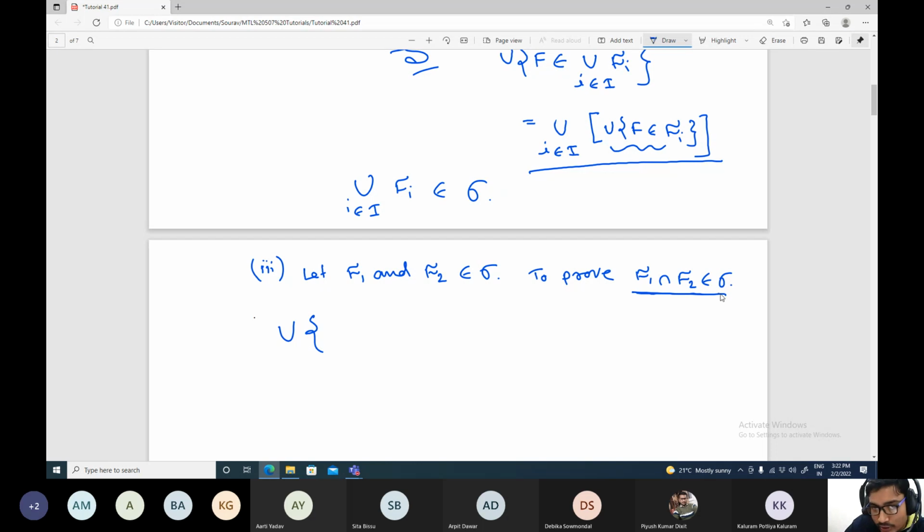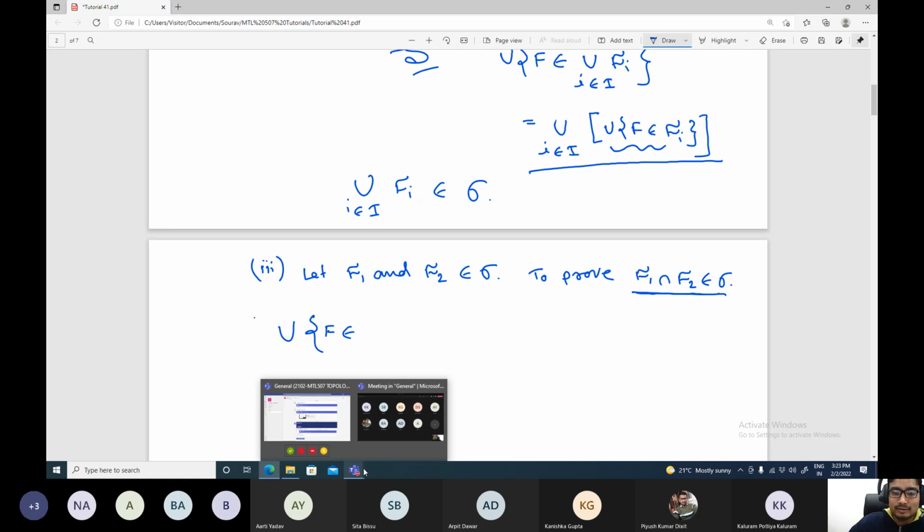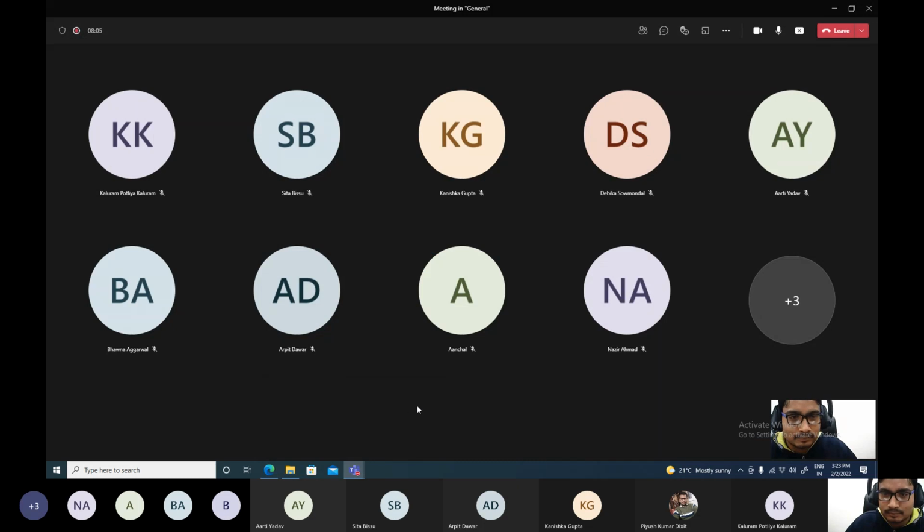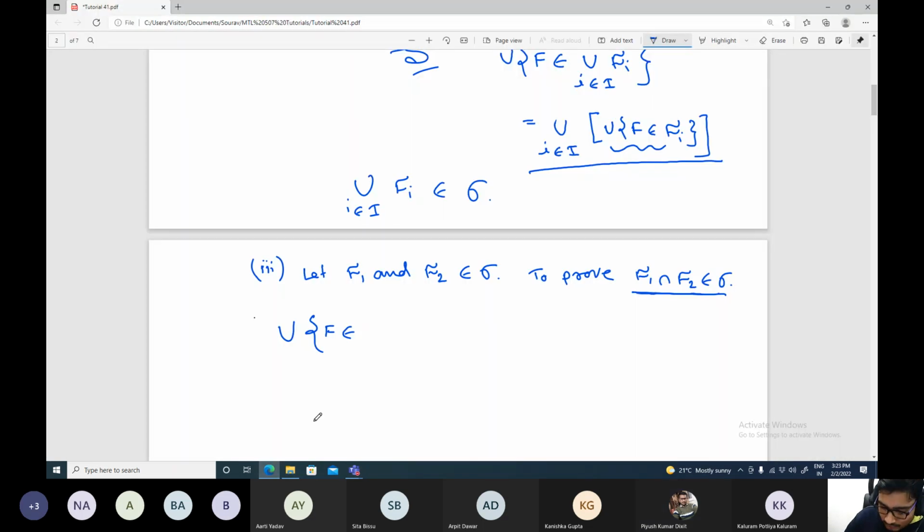To prove this in sigma, which union should you take? The union of F belonging to F1 intersection F2, yes, thanks, Kanishka.